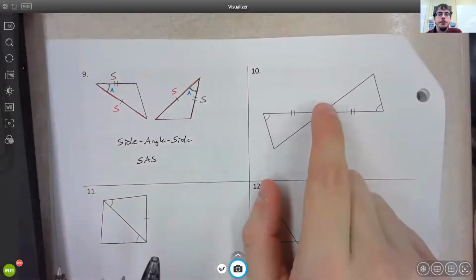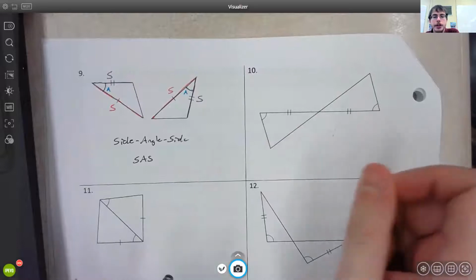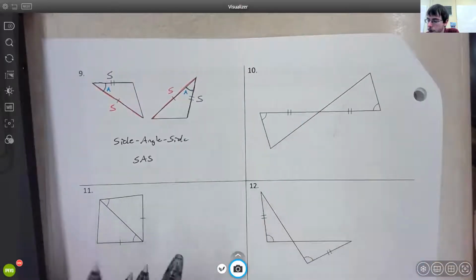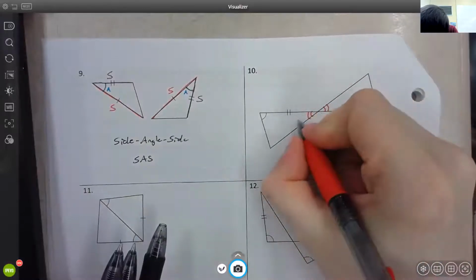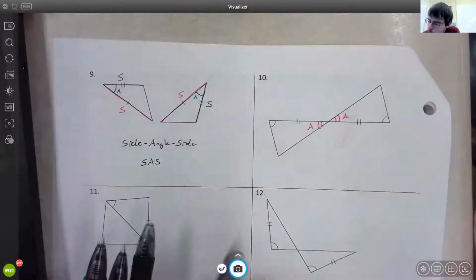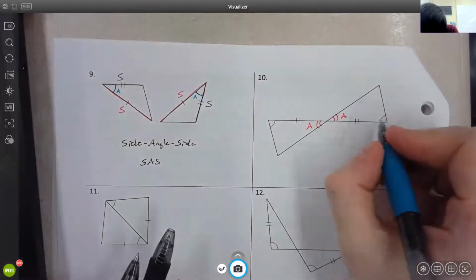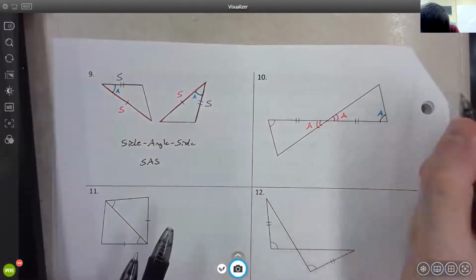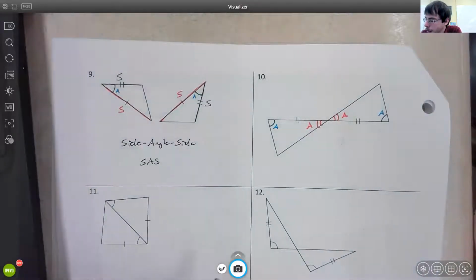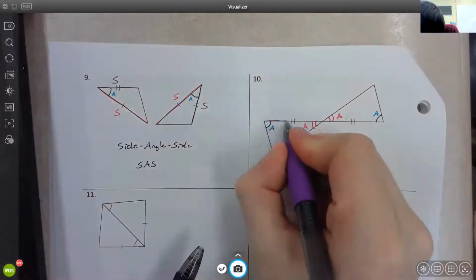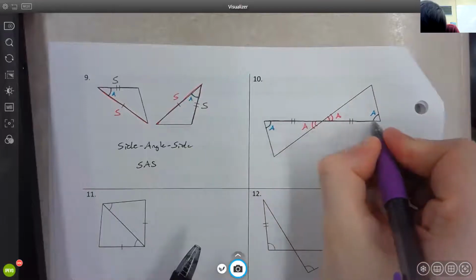Number 10, the first thing that should stand out to you here is that we have a pair of vertical angles. So we have some angles there. Then we have another pair of angles here that are congruent. And then we have a pair of sides here that are congruent.